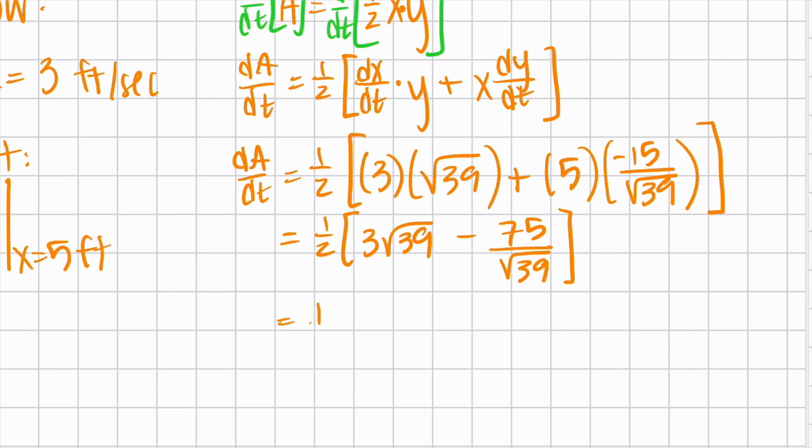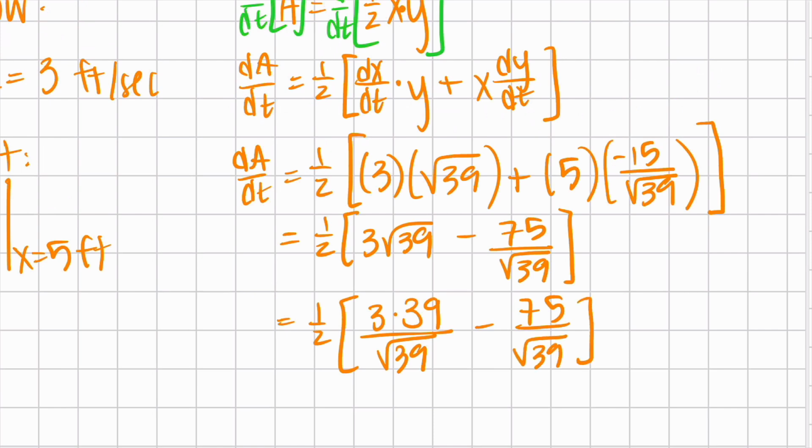Let's get common denominators inside those brackets. I'm going to multiply the first term by root 39 over root 39. We get 3 times 39 over root 39, and 3 times 39 is 117. So I'm going to have 117 minus 75.